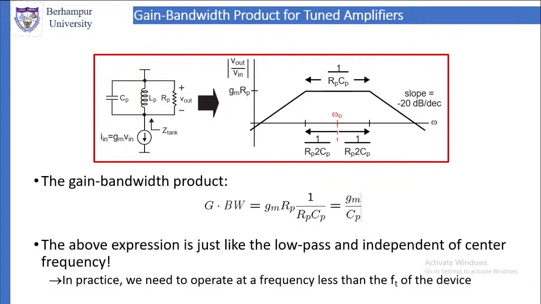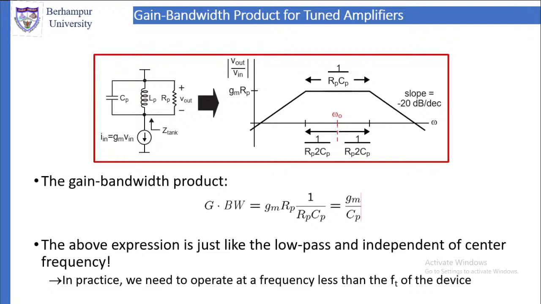Along the x-axis is the frequency or angular frequency. So the maximum gain will be Gm into Rp. That will occur at the frequency omega 0, the resonant frequency. And it will remain constant over a small band of frequency, which is 1 by Rp into Cp.